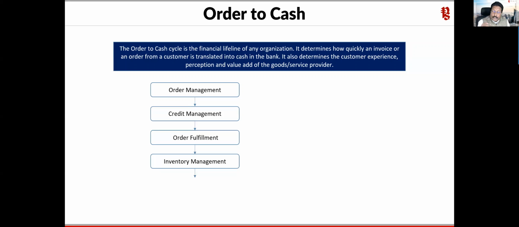Based on that order, probably you have also placed an order to your vendor, so that you can fulfill these supplies in time. So now you have three components.